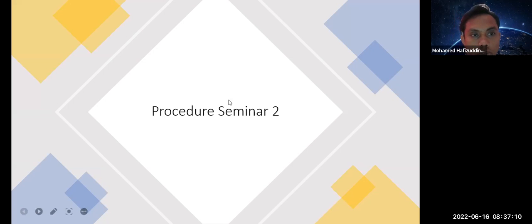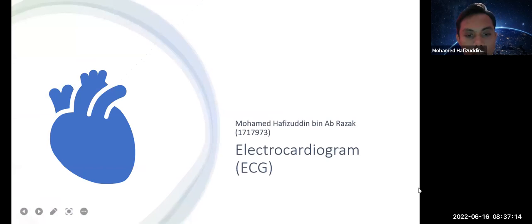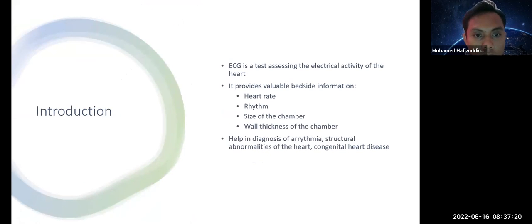My name is Muhammad Afzuddin bin Abdul Razak. My presentation will be regarding electrocardiogram, ECG. As an introduction, ECG is a test in which we assess the electrical activity of the heart, and it provides several valuable bedside information such as heart rate, the rhythm, the size of chamber, and also wall thickness of the chamber.